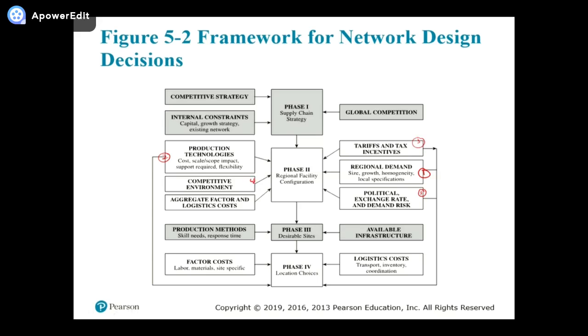After that, we identify the competitive environments in each region. So who are the competitors and what do they do? And then the desired response time for each market and logistic costs at an aggregate level will then be determined.